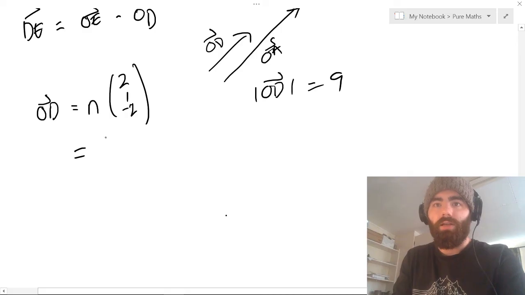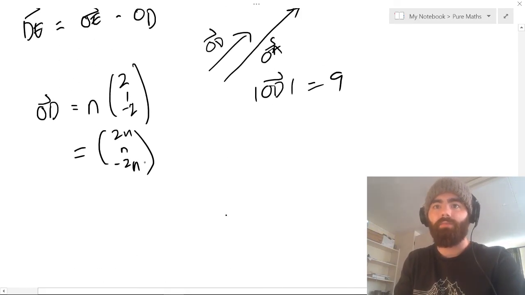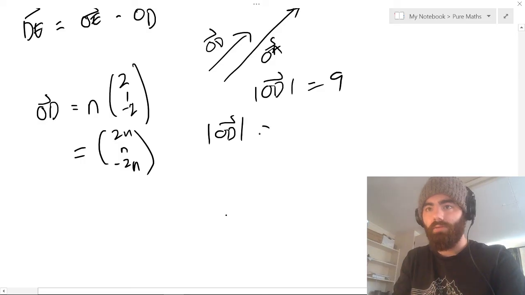Probably not. Okay, so then this is just 2n, 1, minus 2. So we're just looking for this scale factor, and if we find the scale factor, then we can find OD. So we know this, well then we know that OD equals this thing.